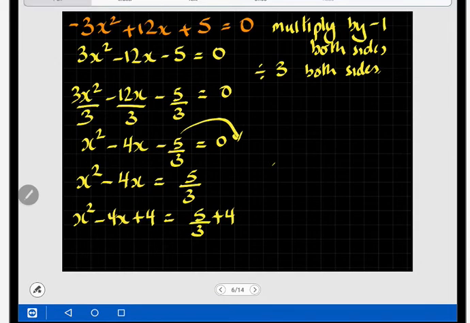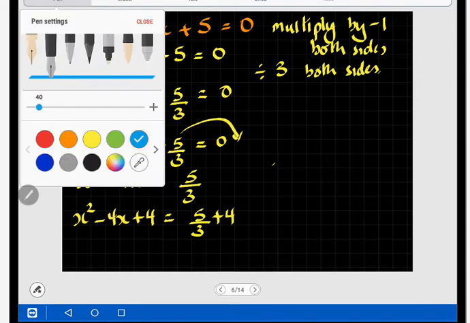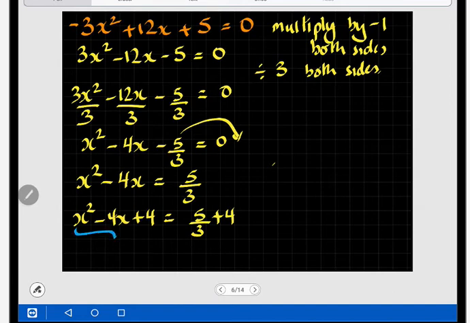So this part here, when we factorize it, what will it become? It will become very simple. x minus 2 to the square is equal to 5 over 3 plus 4. Okay? If I were to solve this 4, I get rid of this 3 here. So that's going to be 12. That's going to be 17 over 3. Okay?